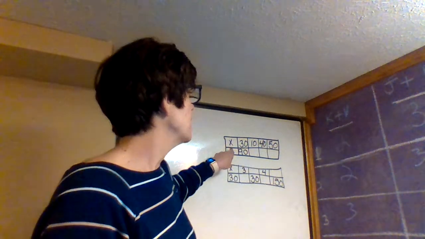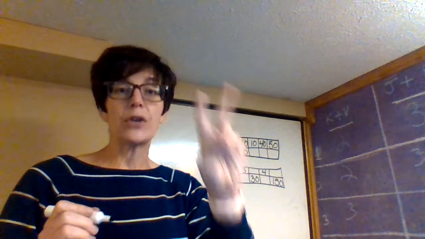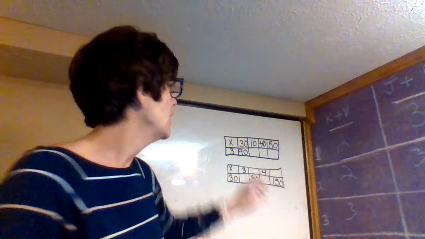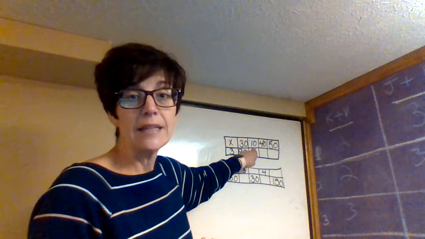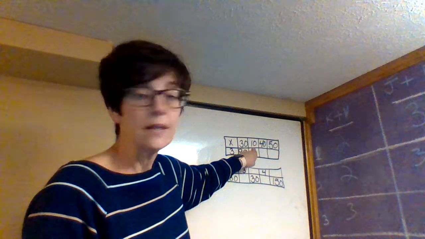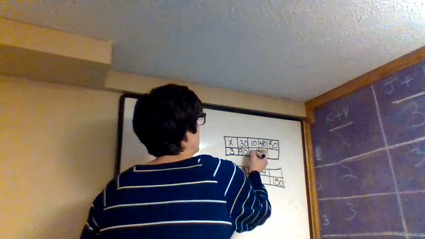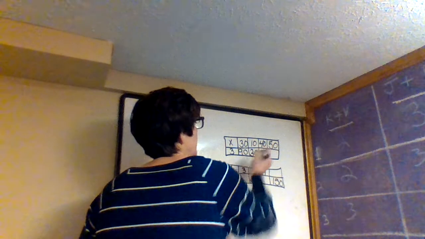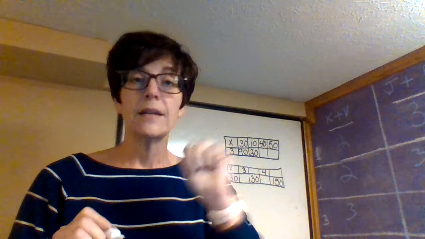I am doing 3 groups of 30. So 30 plus 30 plus 30. All right, 3 times 10. So again, that little fact inside the big fact, 1 times 3 is 3. And we bring down our 0. Again, a repeated addition, 10 plus 10 plus 10. Right.